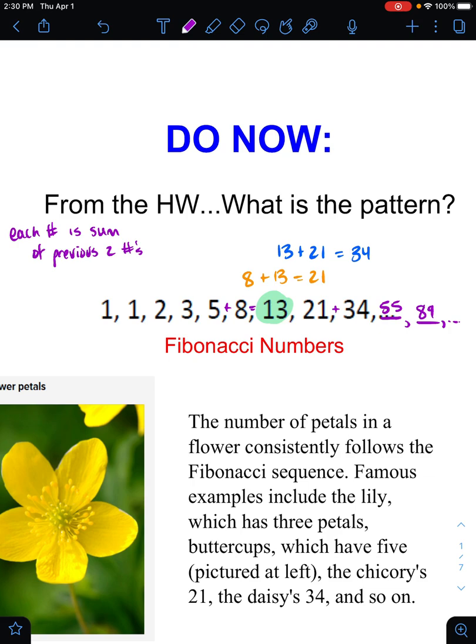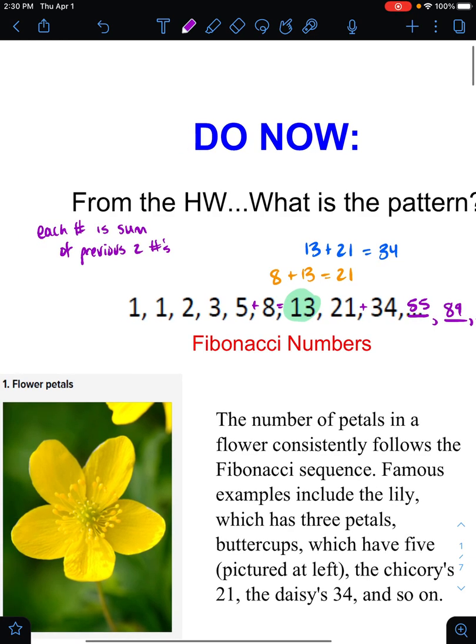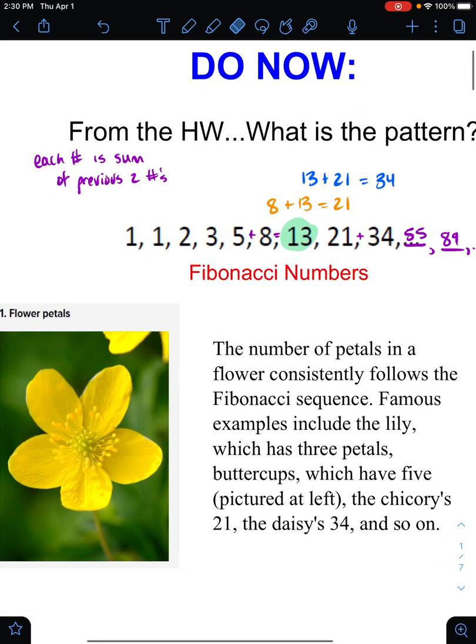This is called the Fibonacci numbers, which means that in nature, we often find that these particular numbers, like 1, 2, 3, 5, 8, 13, 21, 34, 55, and so on, occur or appear in nature. So a lily, for example, has 3 petals. A buttercup has 5. A chicory has 21. A daisy has 34. All Fibonacci numbers.